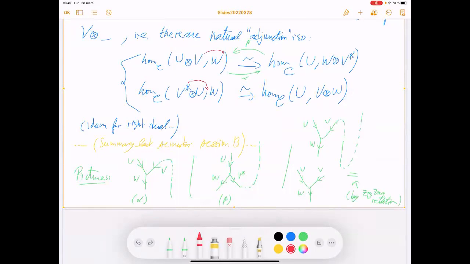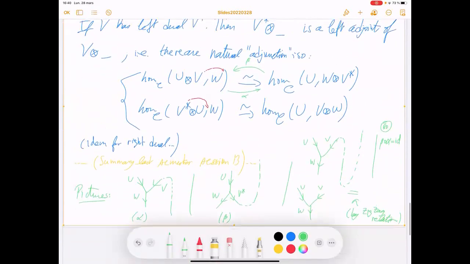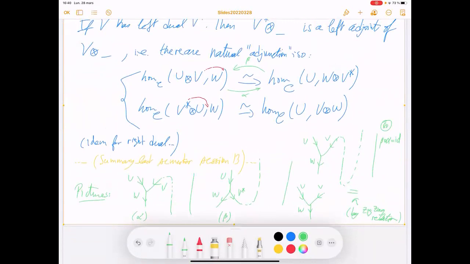So this means that beta composed with alpha is identity. You see the picture for the natural adjunction isomorphism. We also have a picture for that. Same thing.